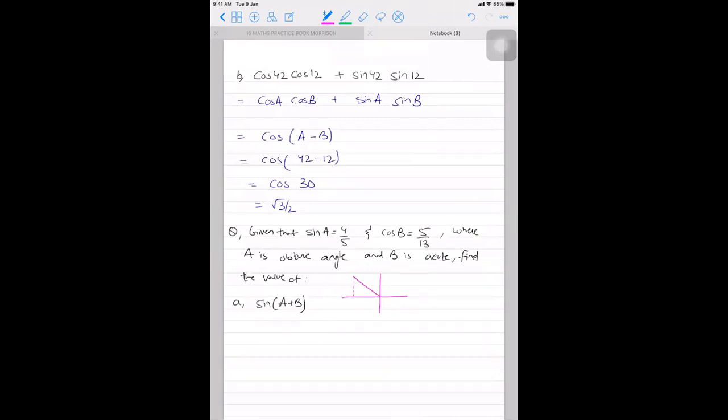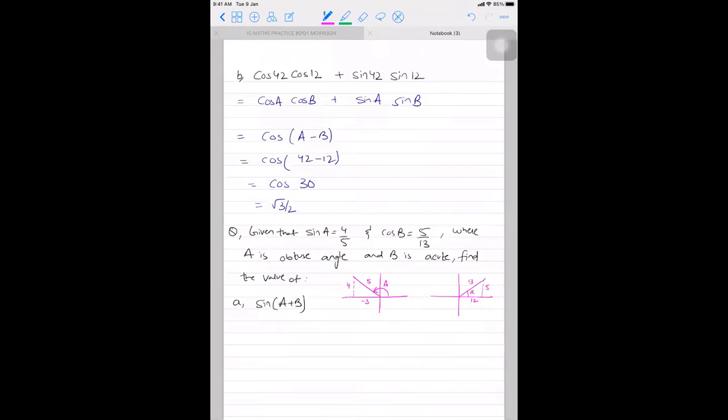So 4, 5, and if I use the Pythagoras theorem, that is going to be negative 3 over here. The length is 3, but I know it's on the negative x-axis. This is angle A, and angle B is acute, so it's going to be in the first quadrant. Cos B is 5 over 13, so this is going to be 12.